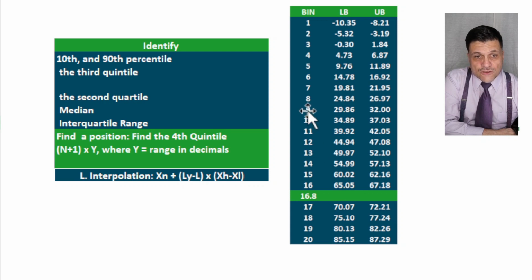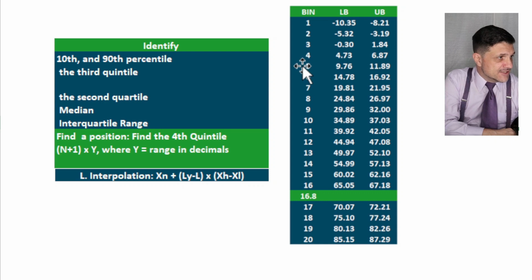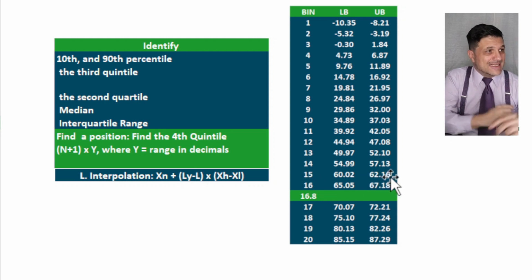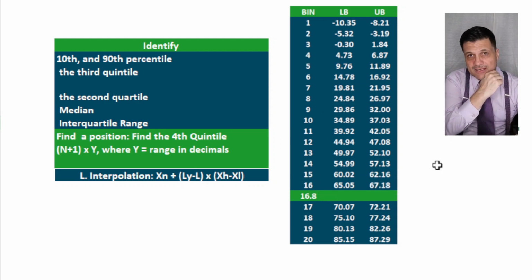So where is the interquartile range? It is between the second and the third. Locate the second quartile, which starts here on number 5, and locate the third, which is right here at the end of the 15.